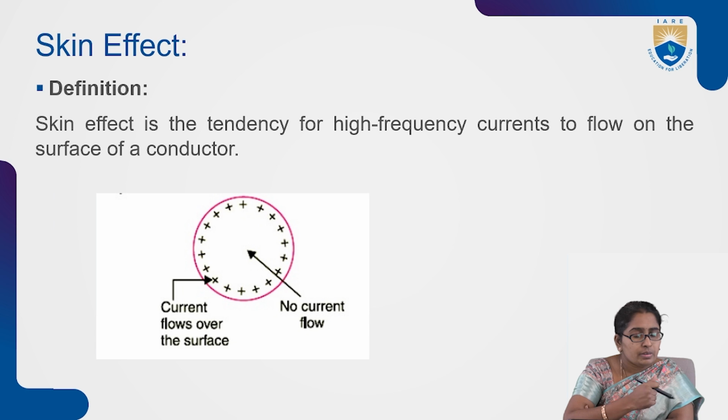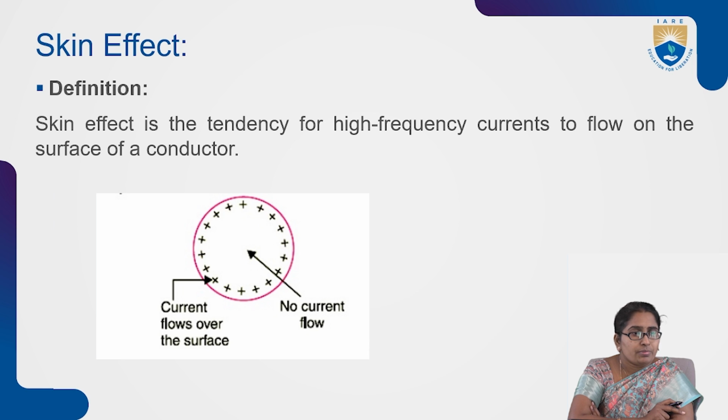Now, a small concept we need to know is skin effect, and after this we have proximity effect. So, what is the skin effect? This is nothing but the tendency of high frequency currents to flow on the surface of the conductor.